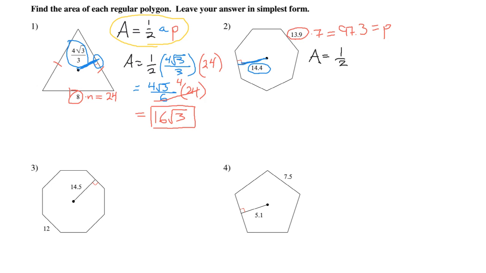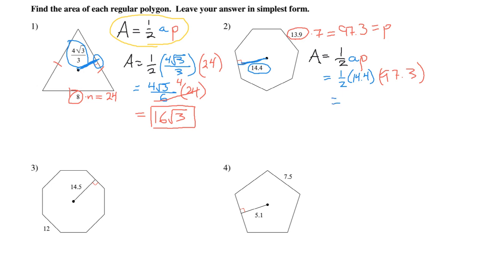So again, area is going to equal 1/2 times apothem times perimeter. Okay, so now we plug in what we know. That's 1/2 times 14.4. By the way, I'm already looking at that 14.4 and dividing it by 2 in my head. I think that's probably going to give us 7.2. And we're multiplying that by 97.3. Okay, that was that perimeter.